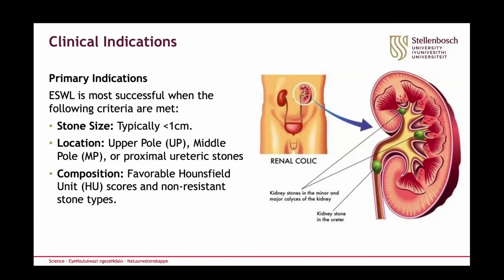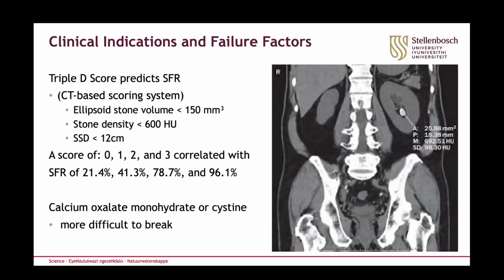Your indications, your primary indication is most successful when the following criteria are met: stone size, typically less than 1 centimeter, if the stone location is in the upper or middle pole or in the proximal ureter, and then the composition, favorable Hounsfield units and non-resistant stone types. In addition to that, you can use scoring systems like the Triple D score, which predicts stone-free rates.